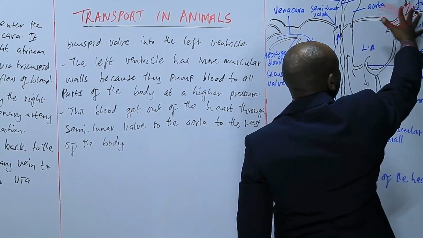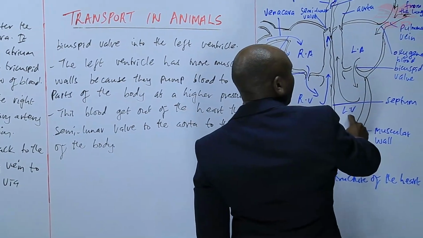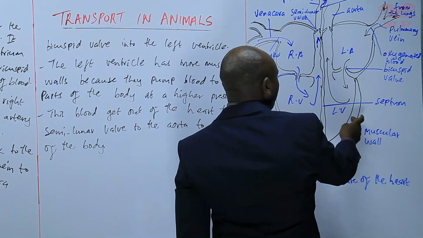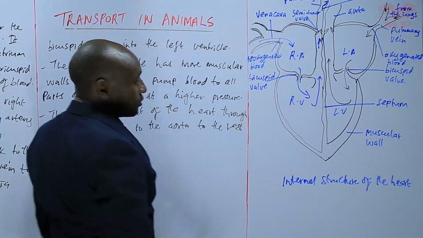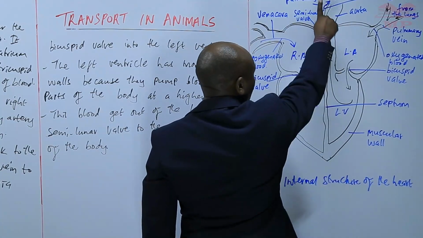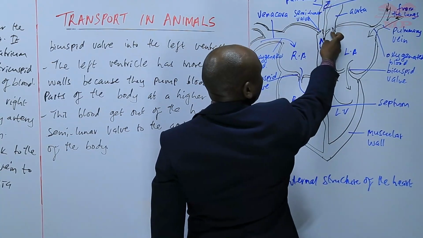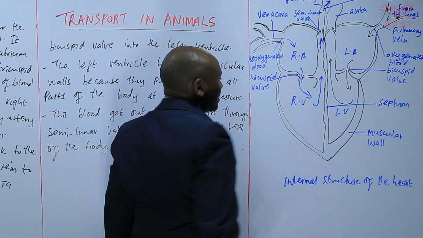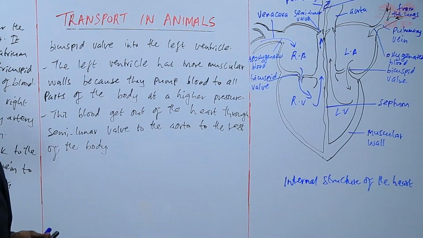This now on this side is oxygenated. The left ventricle, which is more muscular than the right ventricle, pumps the blood to all body parts through the semilunar valves and finally the aorta.